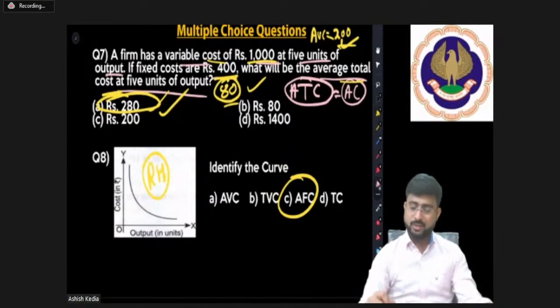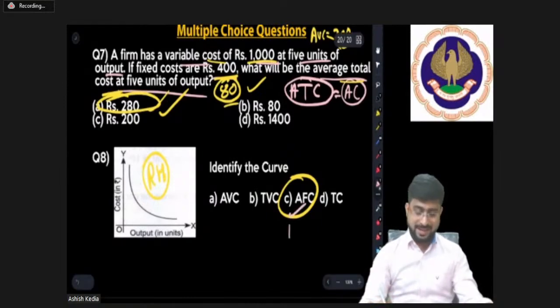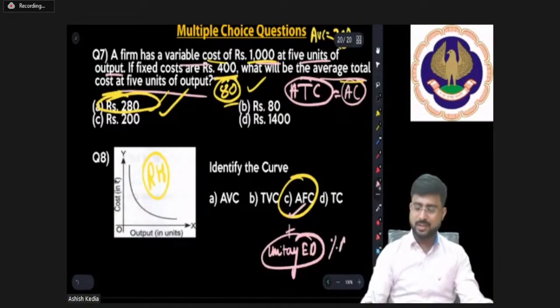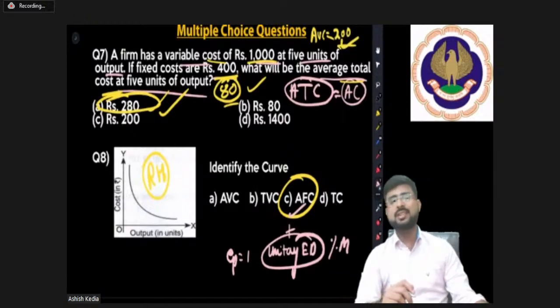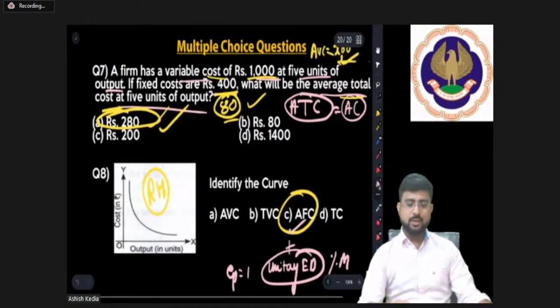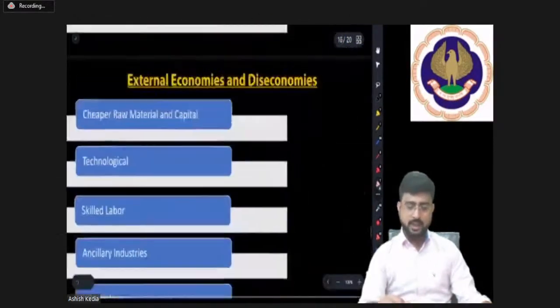Do you remember which one? First is AFC, and the second one is the demand for unitary elastic demand under the percentage method, where elasticity used to be 1. In both these cases, it's a rectangular hyperbola. You all are absolutely correct.